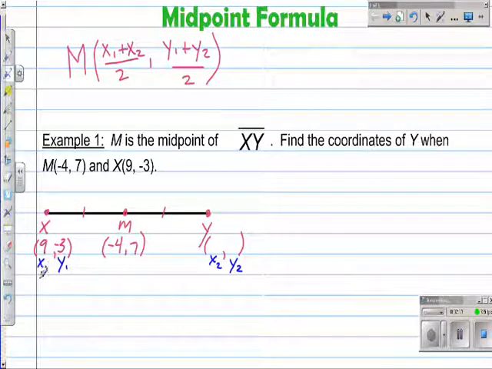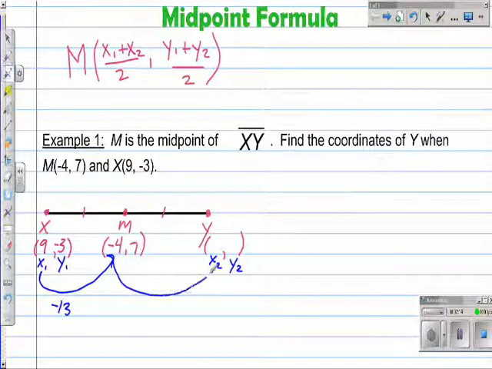If you know that XM is congruent to MY, then you can say, well, from x1 to the x of our midpoint, from 9 to negative 4, we subtracted 13. So that means that from negative 4 to x2, or the x of our Y, we're also going to subtract 13. So negative 4 minus 13 is negative 17.